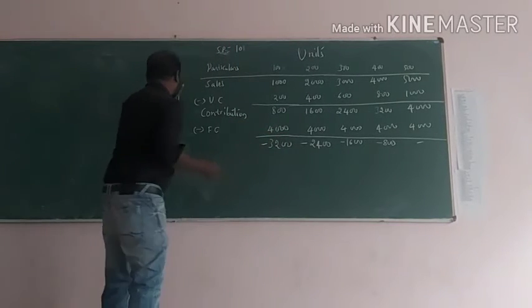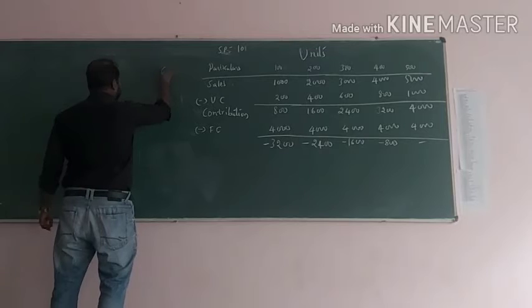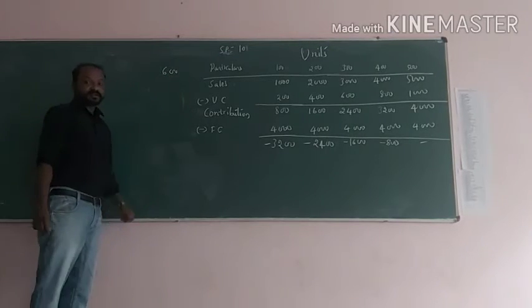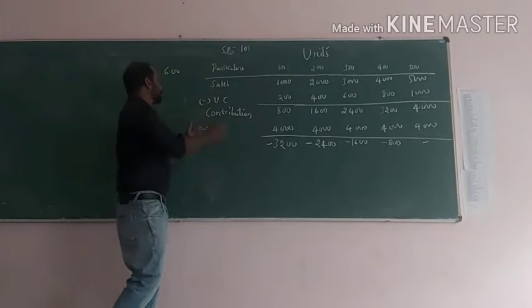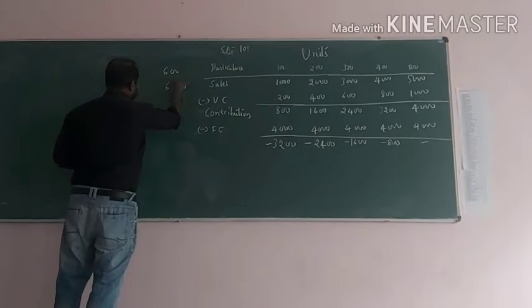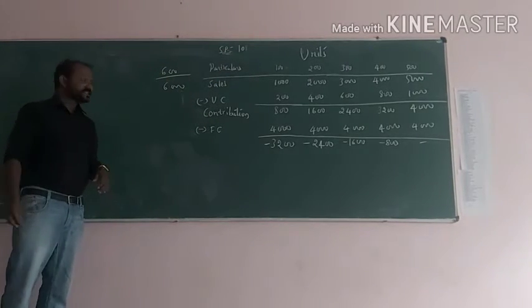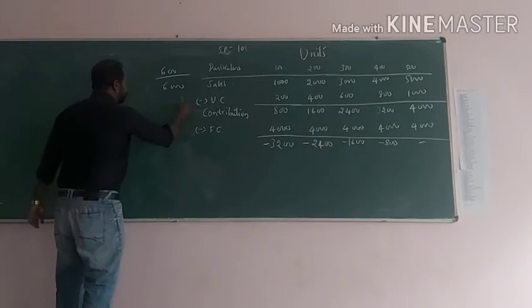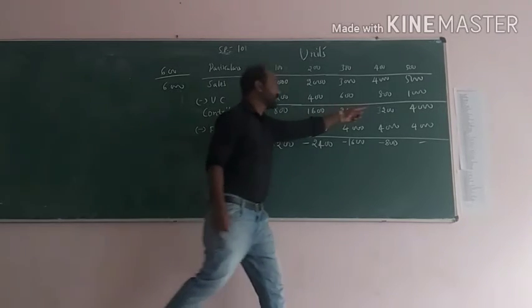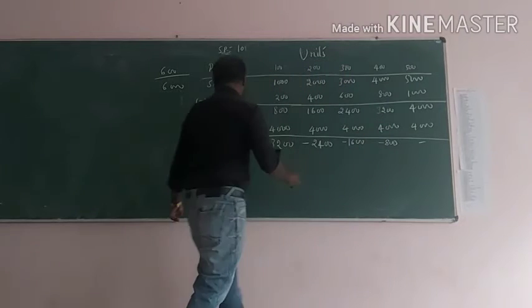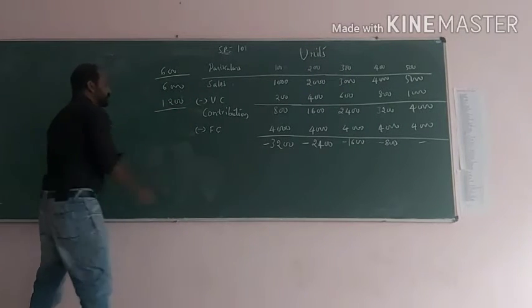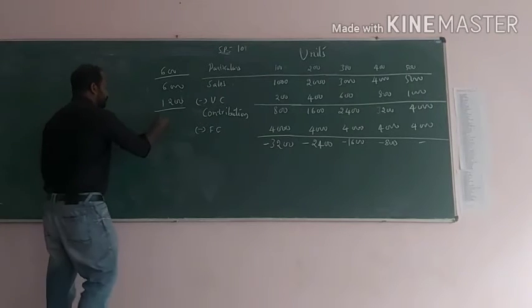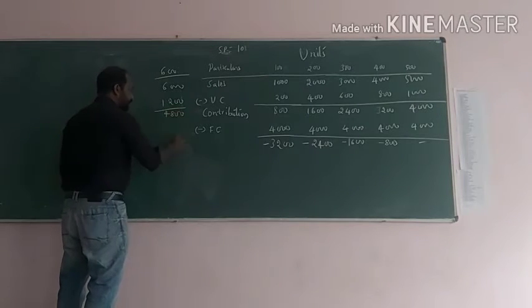So as another example I will give 600 units. That was 500 units. Now 600 units. 600 into 10 is equal to sales of 6000. Sales 6000 minus variable cost. Here variable cost 1000 plus 200, 1200. Now what is the contribution?